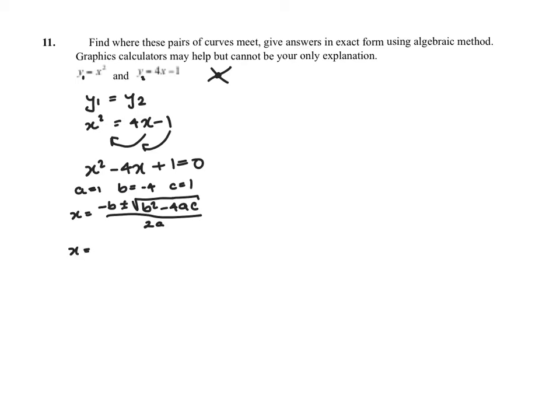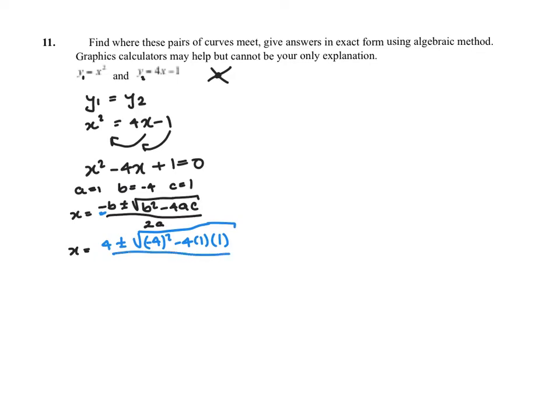So x is equal to, b is negative 4, but we already have a negative sign there. So therefore, we're going to have positive 4 here, plus minus square root of b to the power of 2, which is negative 4 to the power of 2. Don't forget the brackets. And then take away 4 times a, which is 1, and times c, which is 1 as well.